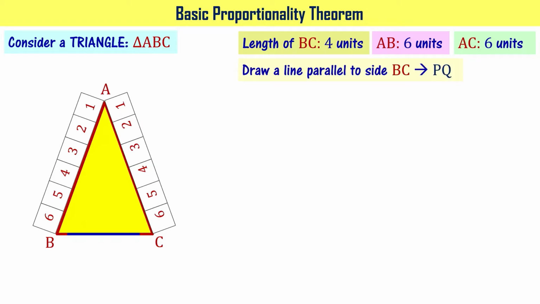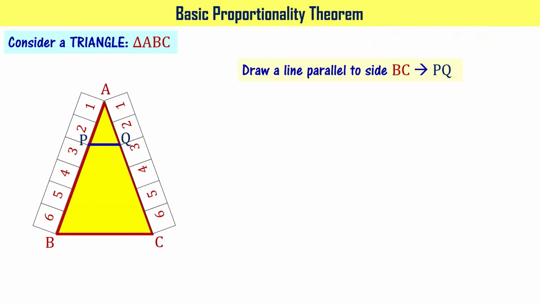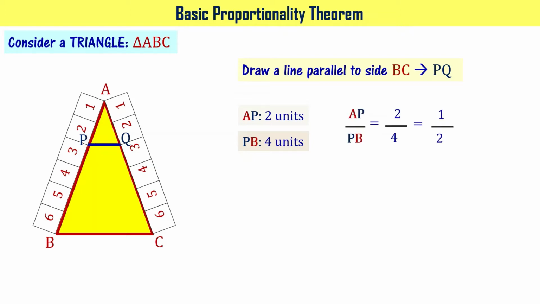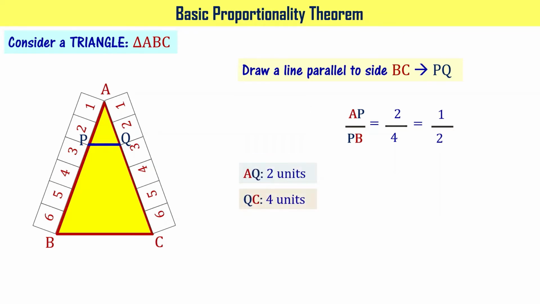Let me draw a line parallel to side BC and call it line PQ as shown in the figure. As you see here, length of line segment AP is 2 units and PB is 4 units, right? It means their ratio AP by PB equal to half. Similarly, length of line segment AQ is 2 units and QC is 4 units.